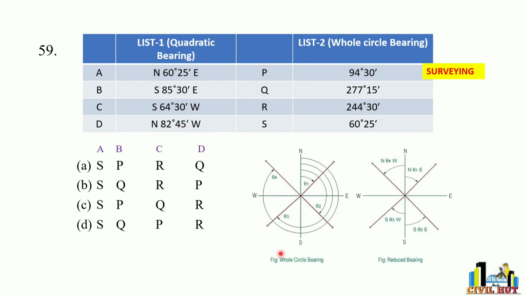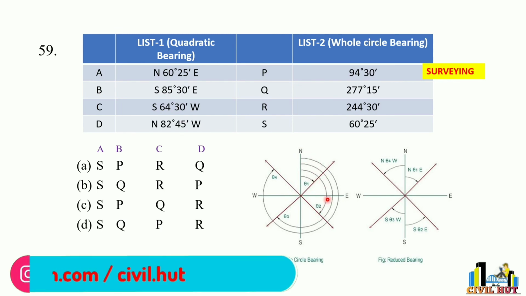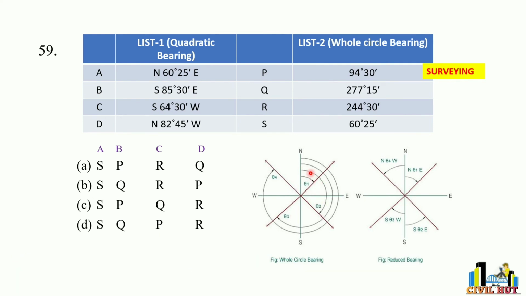We can see the whole circle bearing means the angles are measured from the north direction only. If the angle is in the first quadrant, it is theta 1 only. If the angle is in the second quadrant, 90 degrees plus this angle will be measured, which means north to this angle is theta 2, and theta 3 is north to this angle, theta 4 is north to this angle.